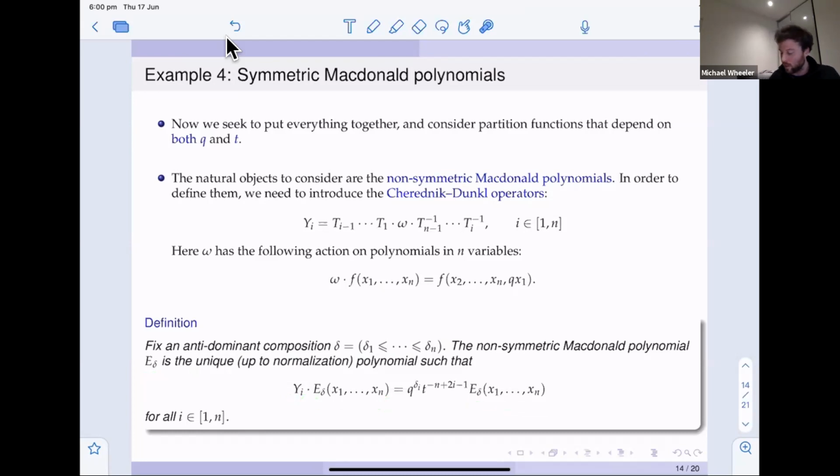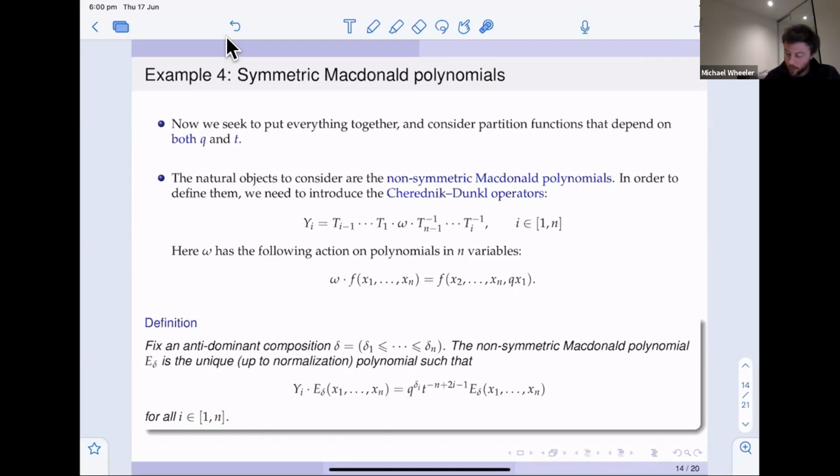So this is, in other words, the joint eigenfunction of the Y_i operators for i taking values from 1 up to n, with this particular eigenvalue. So the eigenvalue in this case is particularly explicit. In particular, it's just q to the delta_i, the ith part of the composition, and then you have some explicit t power as well.